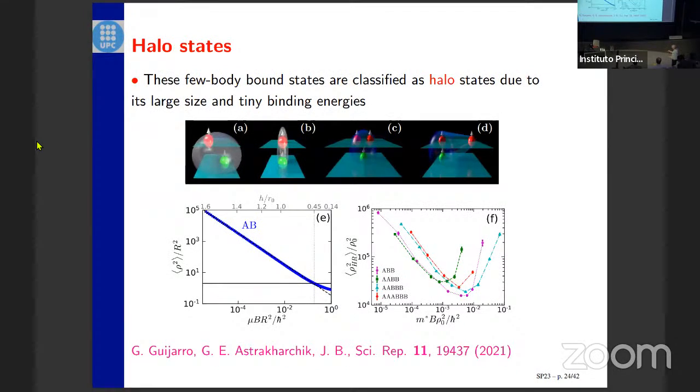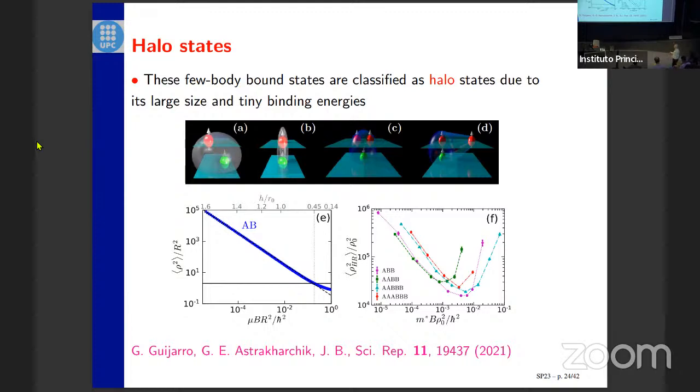By the way, we also studied a funny situation: this up and down dipoles system is a good representation of a halo state. I don't know if you are familiar with halo states. A halo state is a bound state in which the particles are extremely far apart. So in nuclear physics it is a very important issue.